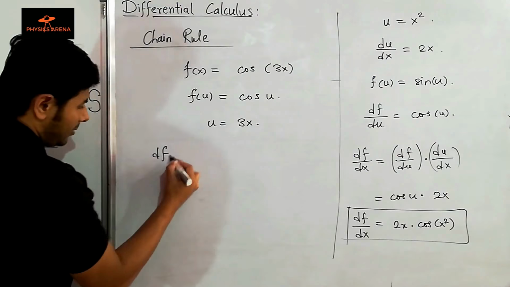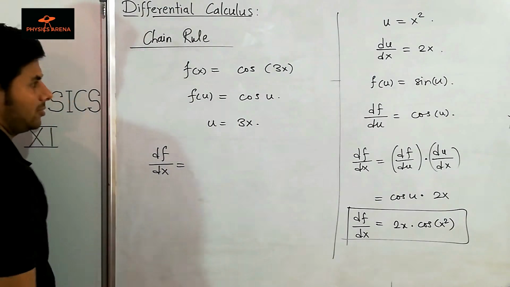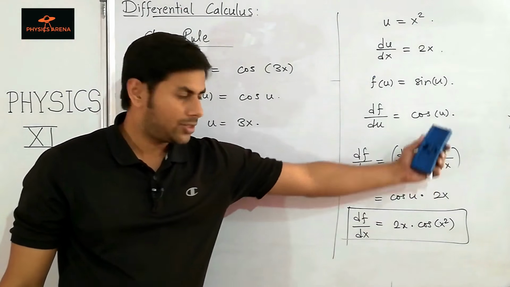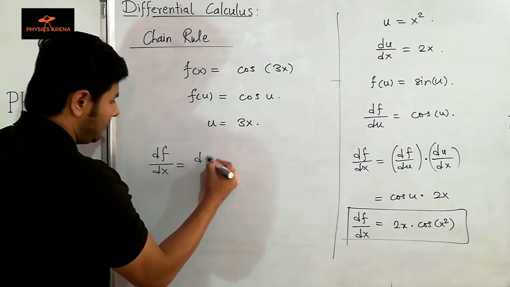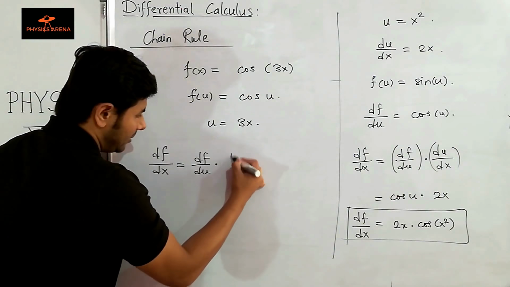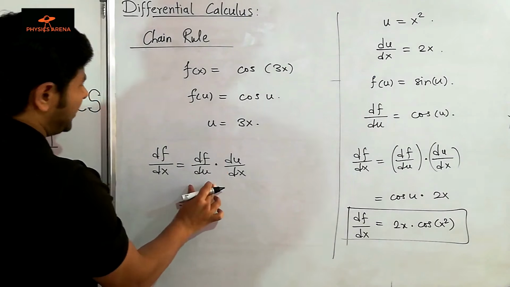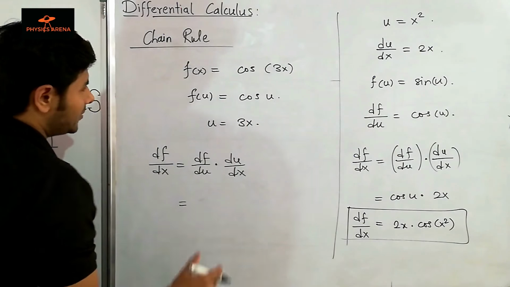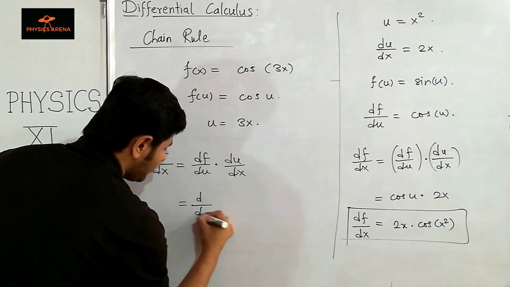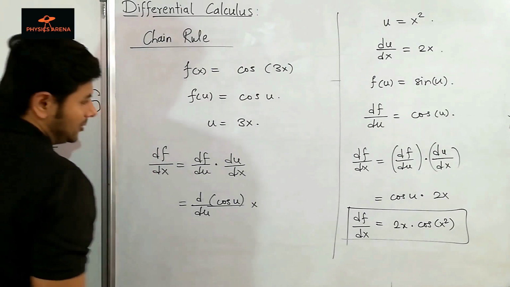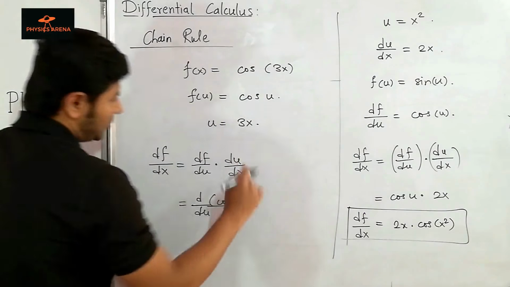So df by dx is equal to df by du into du by dx. So it is df by du, which is the derivative of cos of u with respect to u, which is minus sine u, and let's substitute u here.